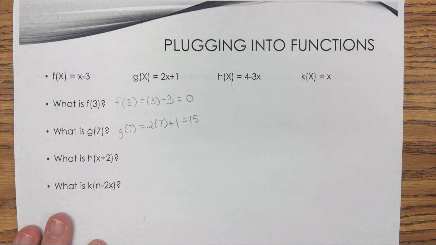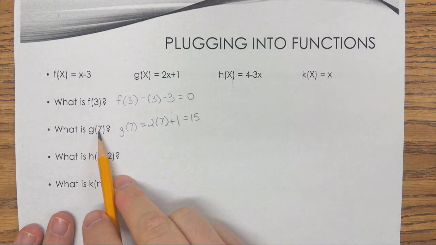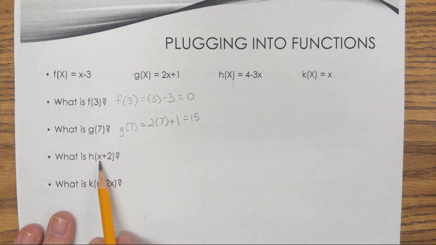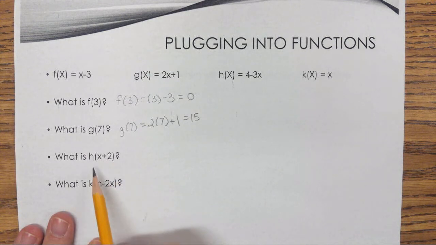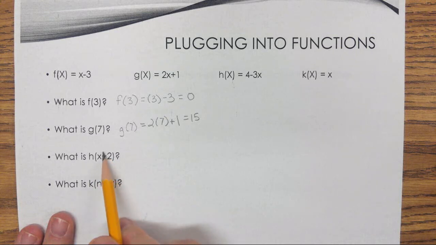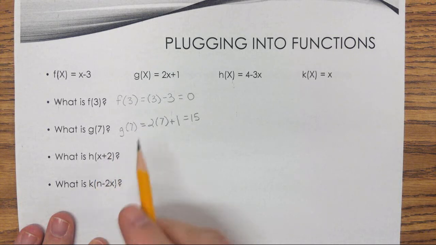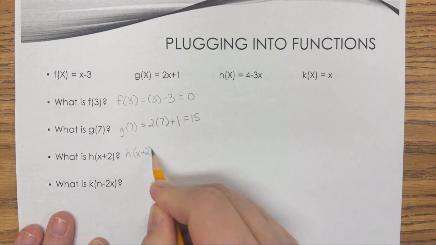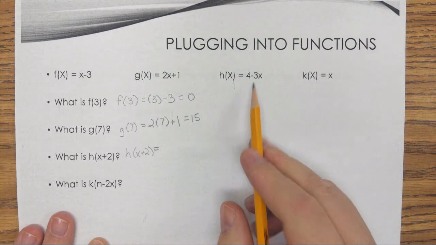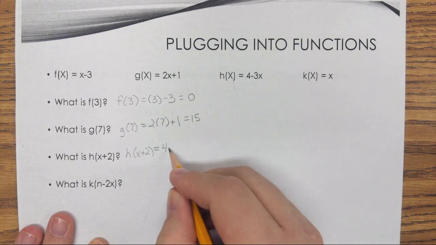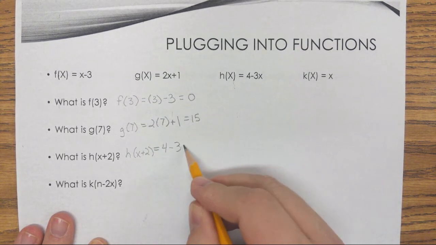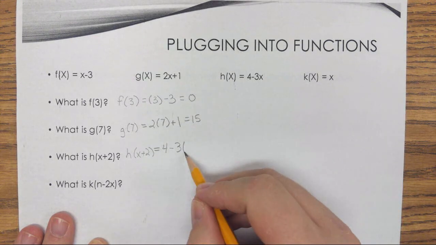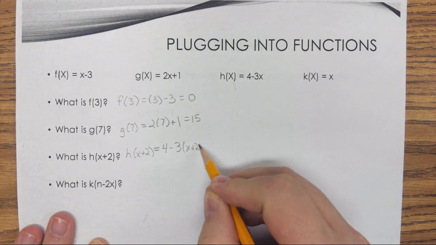Okay. So not only can we plug numbers into these things, we can also plug expressions in. So this is h of x plus 2. So in for the x value, I'm putting another expression in, x plus 2. So then here's my function 4 minus 3x, but instead of the x, I'm putting x plus 2 in.